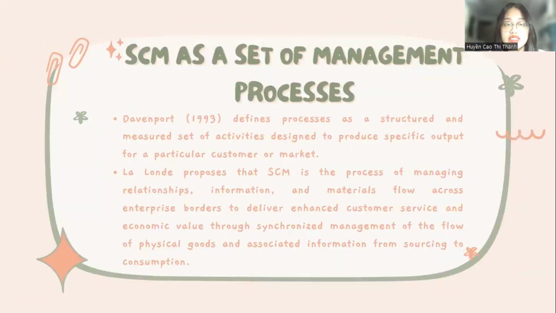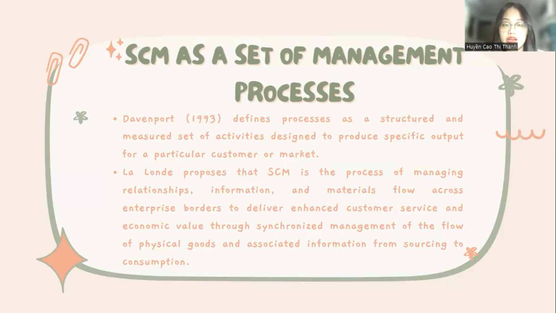The last one is supply chain as a set of management processes. Davenport defines a process as a structured and measured set of activities designed to produce a specific output for a particular customer or market.